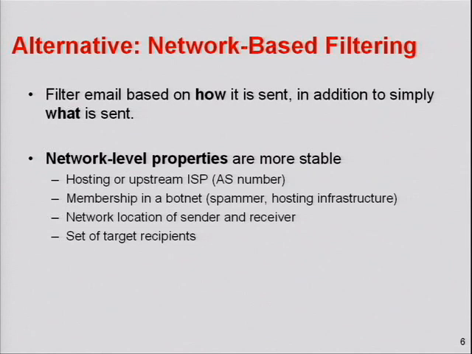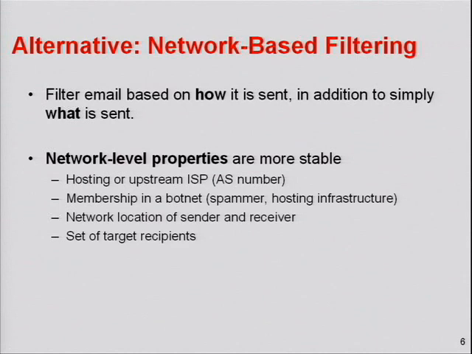Does this sender's sending behavior look much like other senders' behaviors, thereby indicating that it might be part of a botnet, for example? Other things we'll look at: how far has the message traveled? We can take IP addresses and map them to geographic locations and ask what distance the message has traveled.